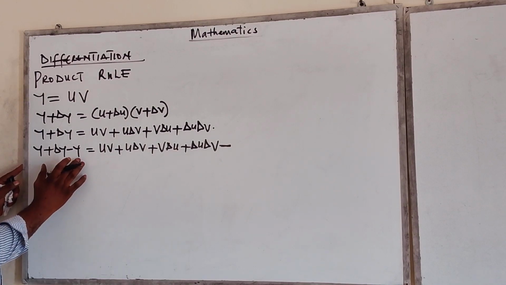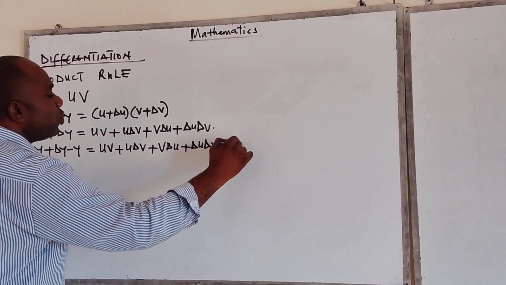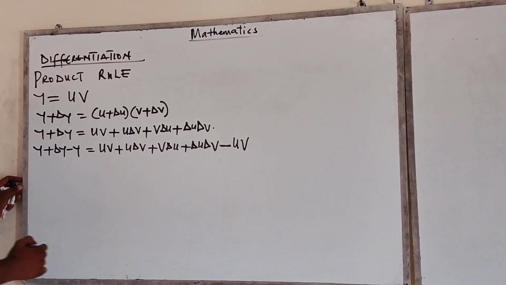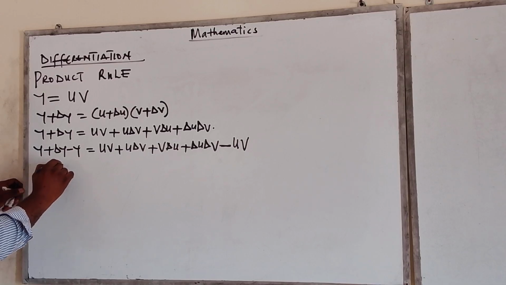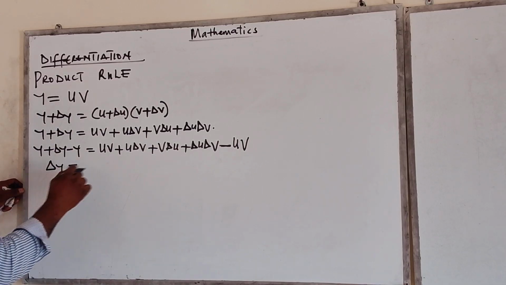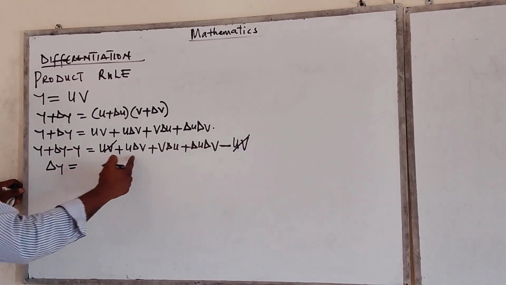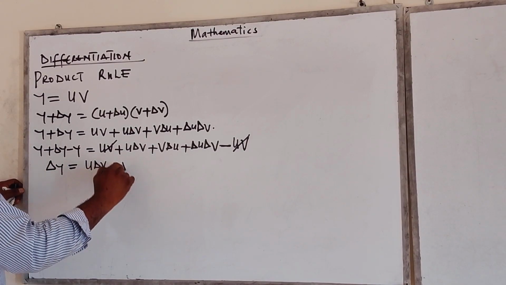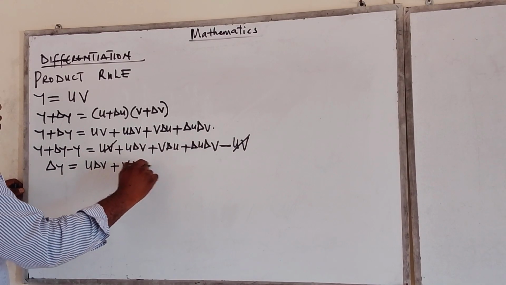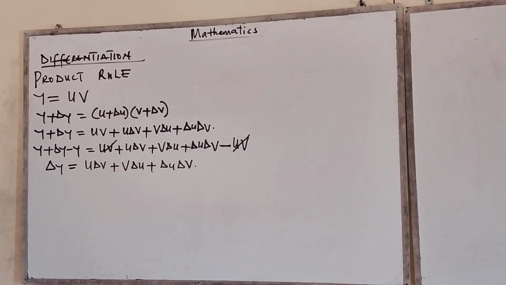Since we are subtracting y from the left hand side, in the right hand side we'll subtract uv. So y minus y is gone. I'll be left with delta y equal to, uv minus uv will go, so here we have u delta v plus v delta u plus delta u delta v.